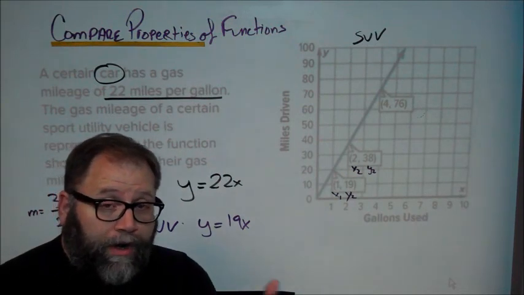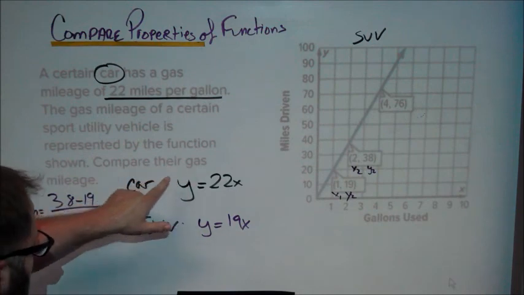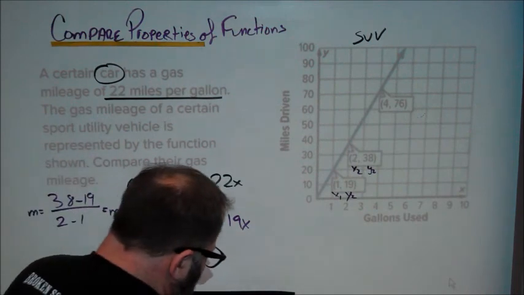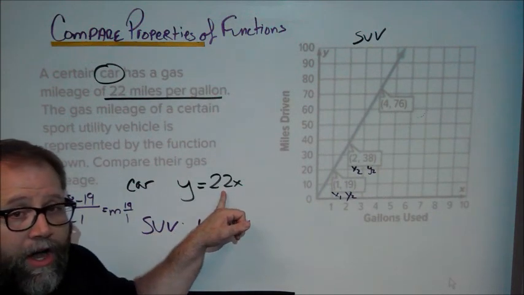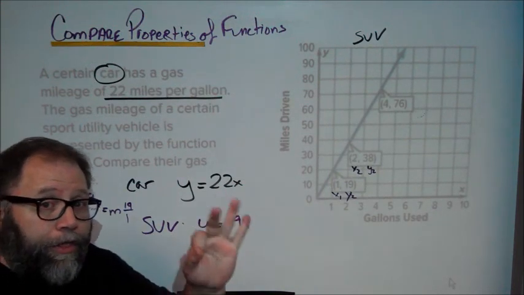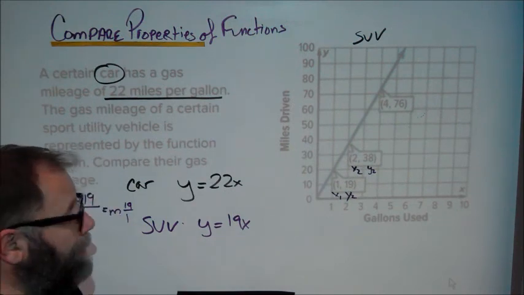Now, what are we here to do? We are here to compare properties. The final question is, compare their gas mileage. What we know from what we see here is that the car is going to get 3 more miles per gallon of gas than the SUV will.